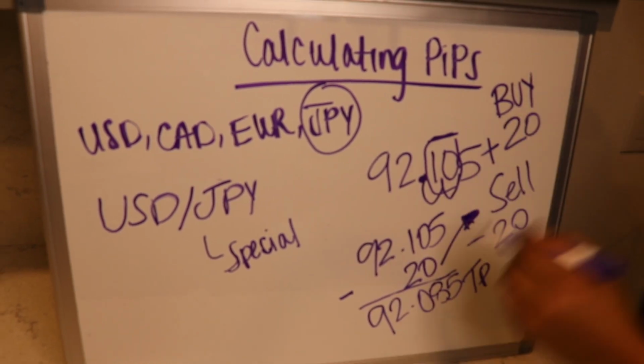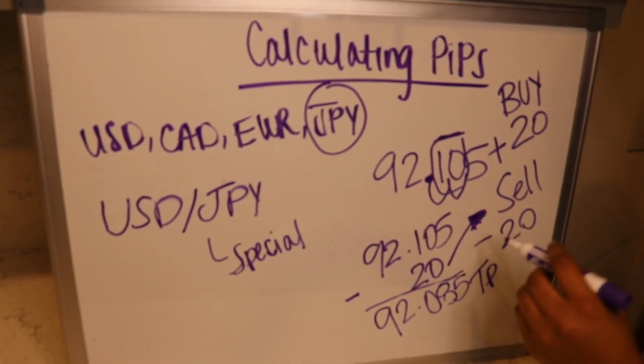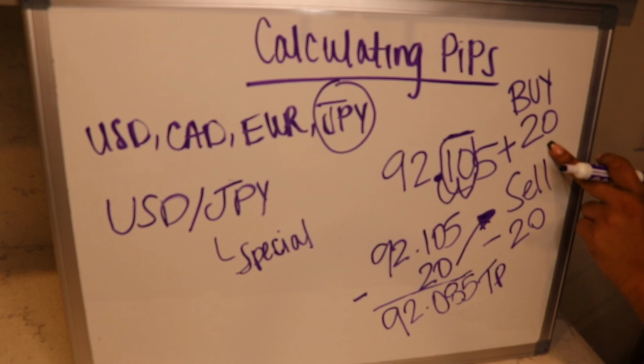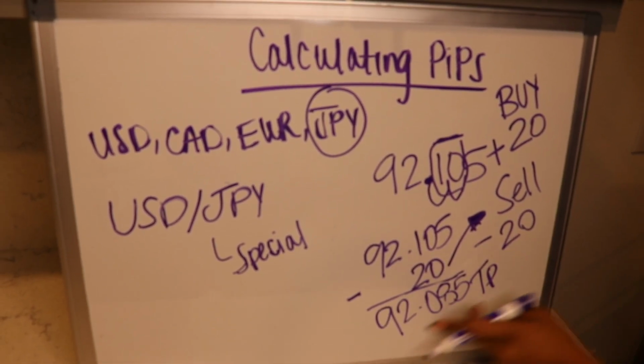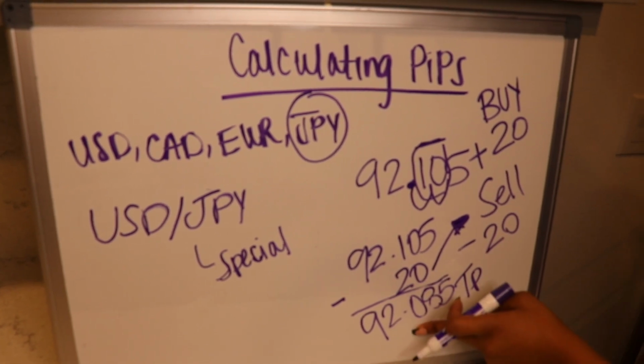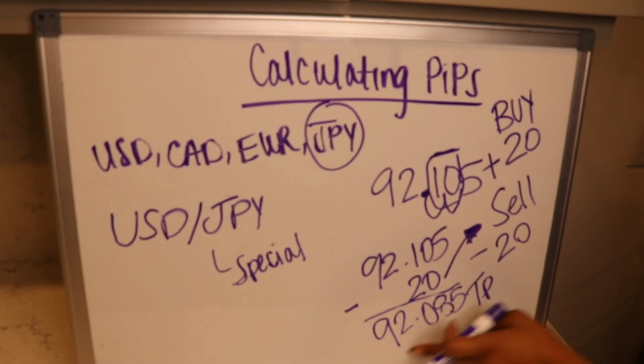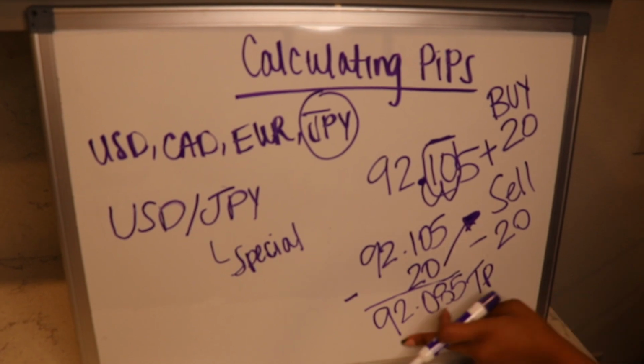So simple as that. Even if I was to get in for a buy and have my other take profit for my buy, this is now my stop loss.